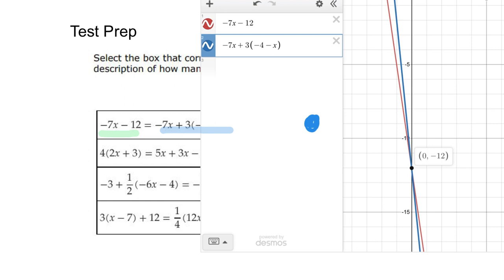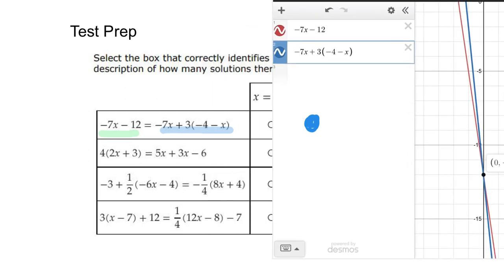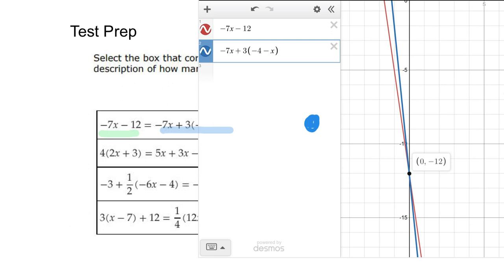Too many parentheses, sorry. And then 5x plus 3x minus 6. Okay, and so here's what I've got.